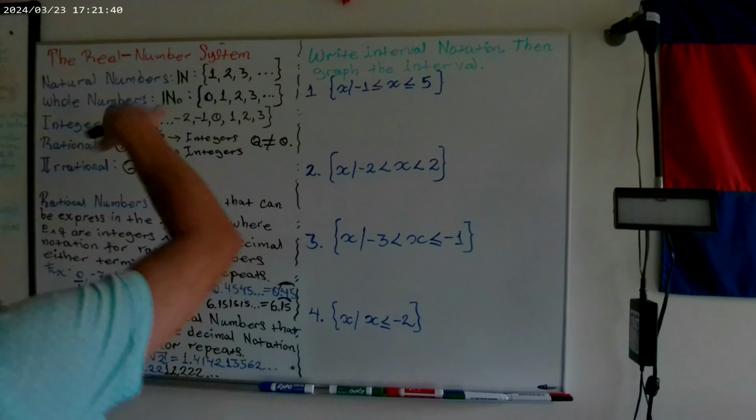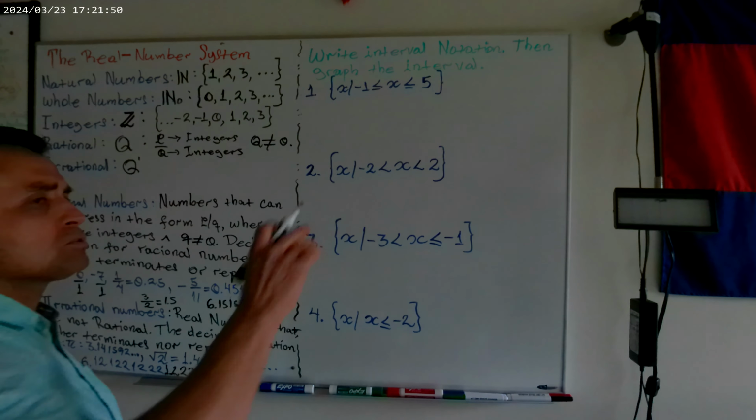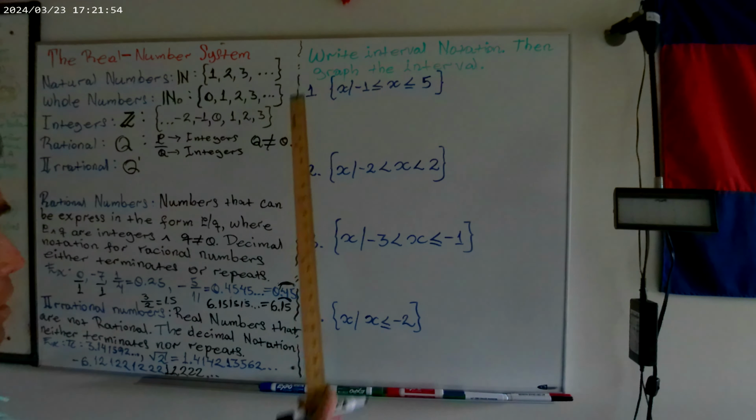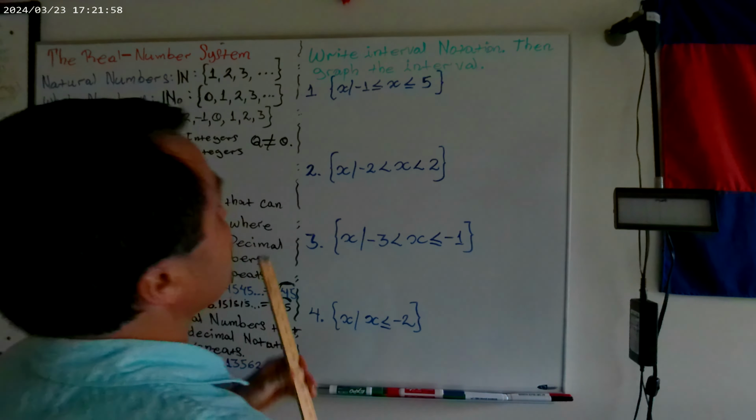Now that we have a little review of all the sets of numbers in the real number system, we're going to do some exercises. We're going to do 4 of them, and if we have time, we're going to do 2 more.